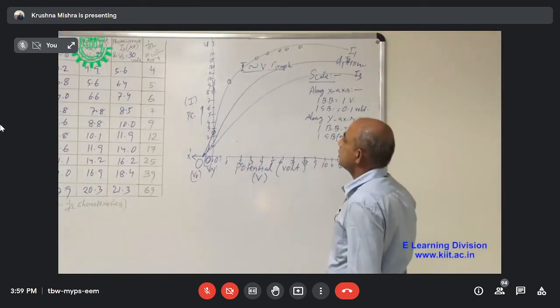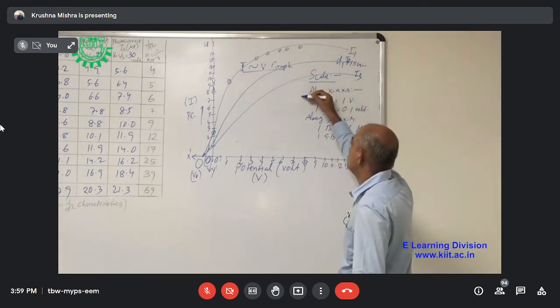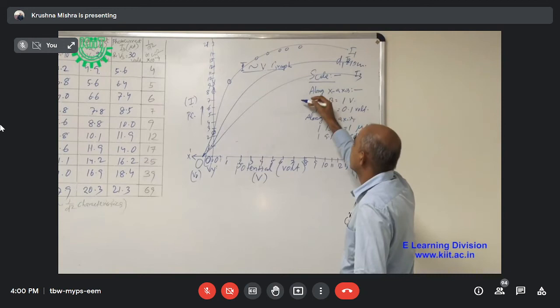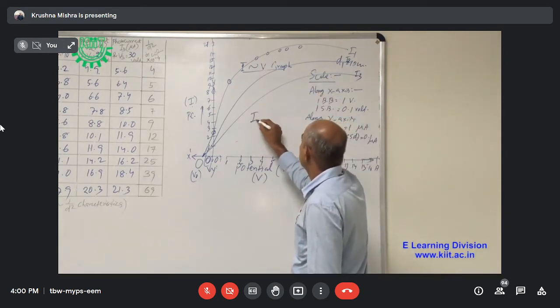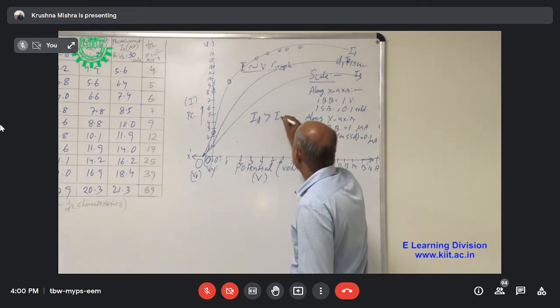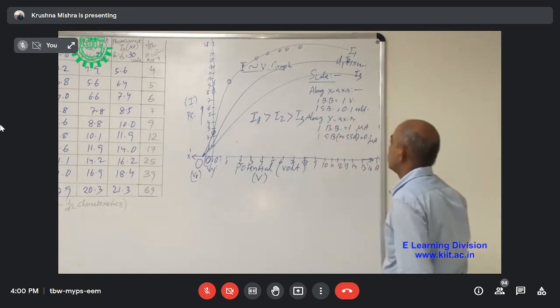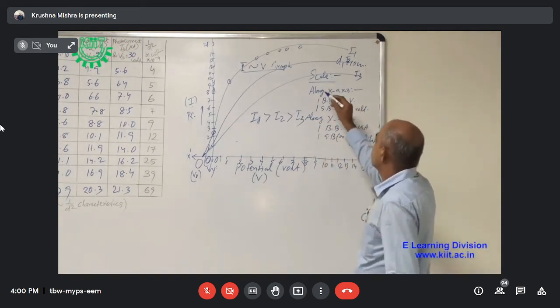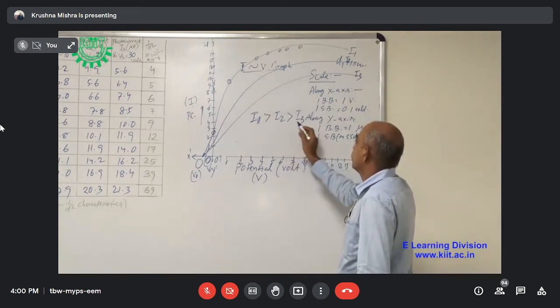Distance is gradually increasing, so photocurrent is gradually decreasing. It is very clear from the graph that I1 is greater than I2, which is greater than I3, that is, the saturation current is gradually decreasing.